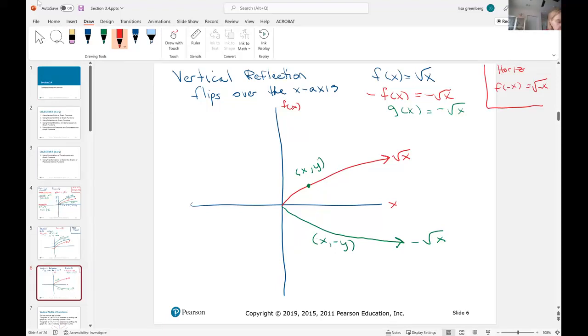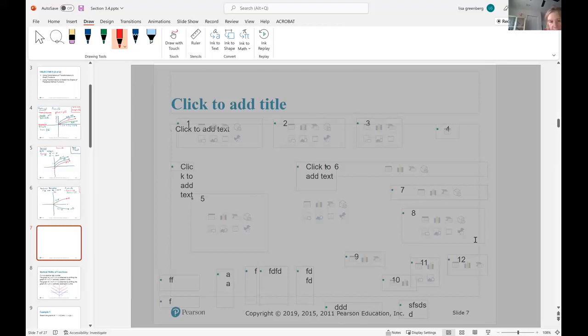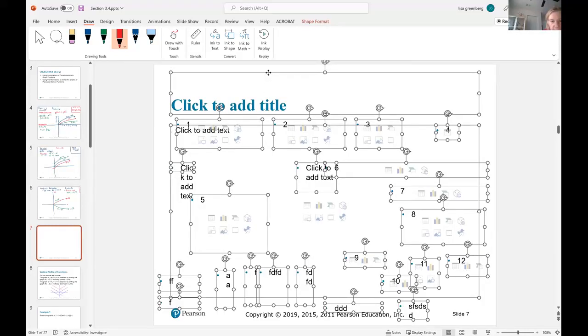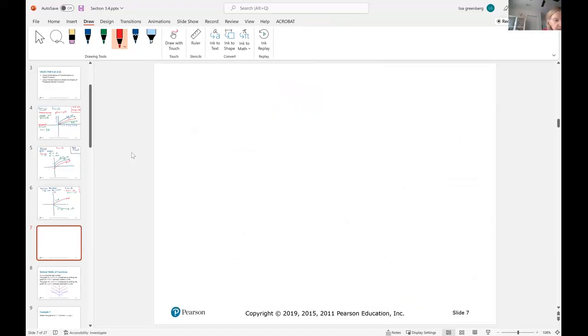So now let's talk about horizontally. Let's see, I think I'm going to go in a different order because the hardest one is the stretch compress.